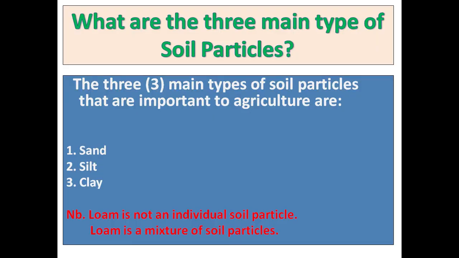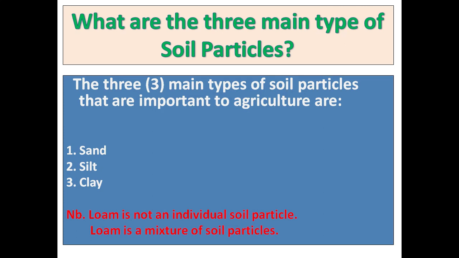Alright, the first objective: what are the 3 main types of soil particles? The 3 main types of soil particles that are important to agriculture are: number 1, sand; number 2, silt; number 3, clay. And please note that loam is not an individual soil particle.